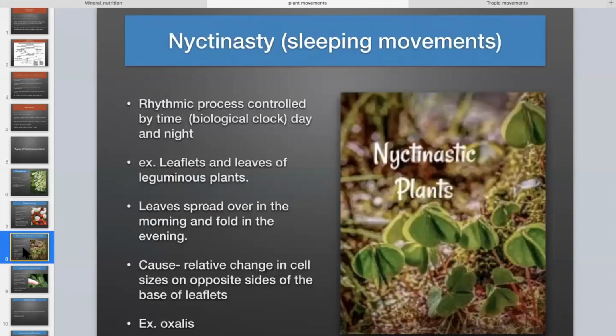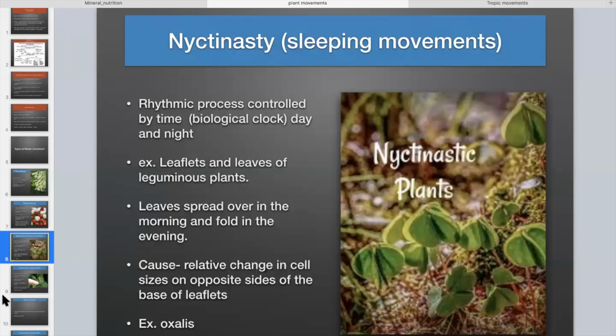Coming to the next nastic movement, the next nastic movement is nyctinasty. Nyctinasty are generally called sleeping movements of the plants. You may have seen that there are some plants which just close their leaves in the night. These are called sleeping movements.